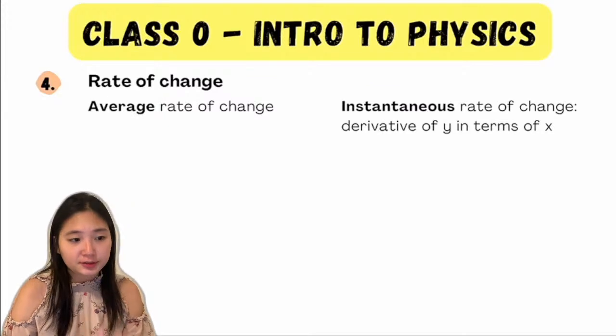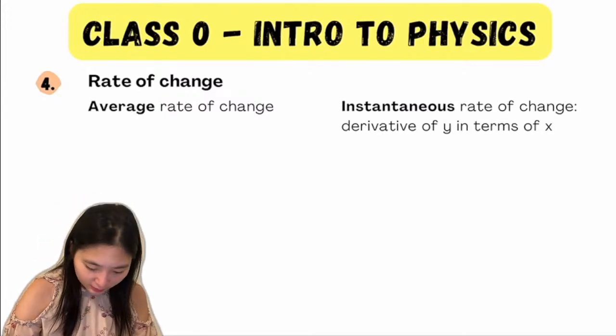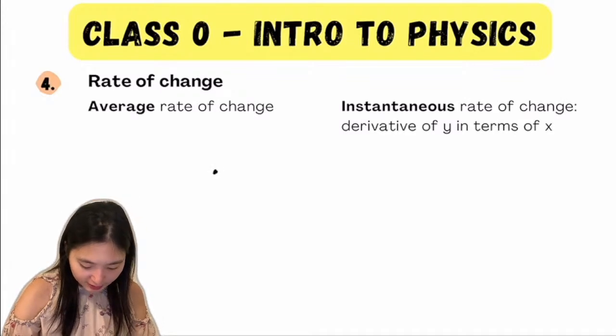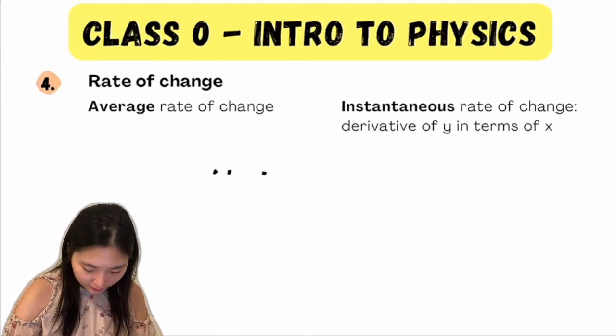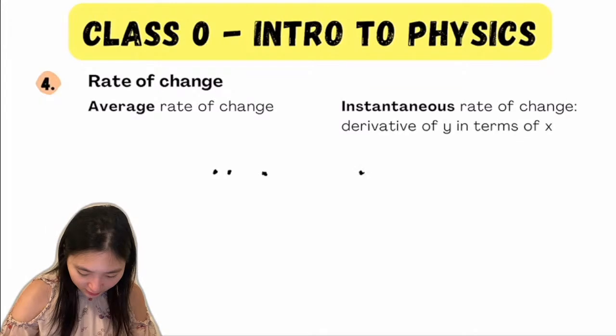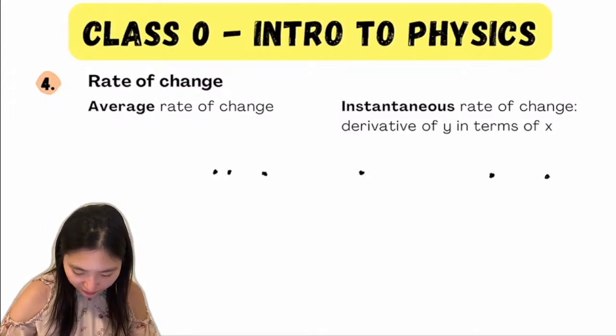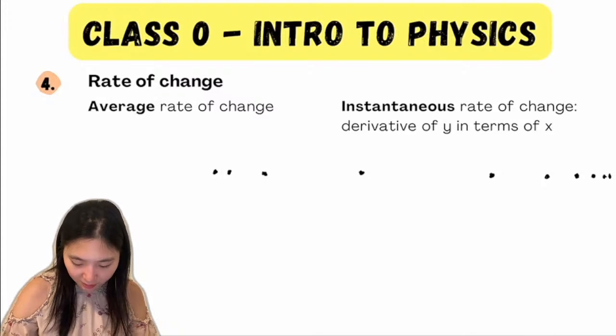Let's say I'm going to use the dot diagram to represent the motion of a person. This is where this person starts. Then every second, I'm going to take a picture of this person. Based on this dot diagram, you can tell that this person is moving faster and faster, and then he gradually slows down and comes to a stop.